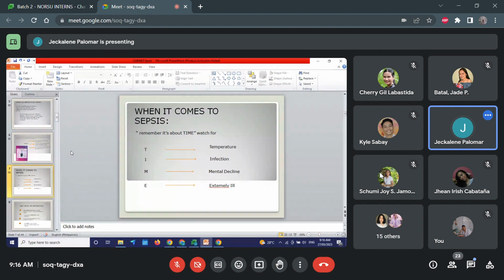Consider their temperature, infection, the type of infection, mental decline, and whether they are extremely ill.